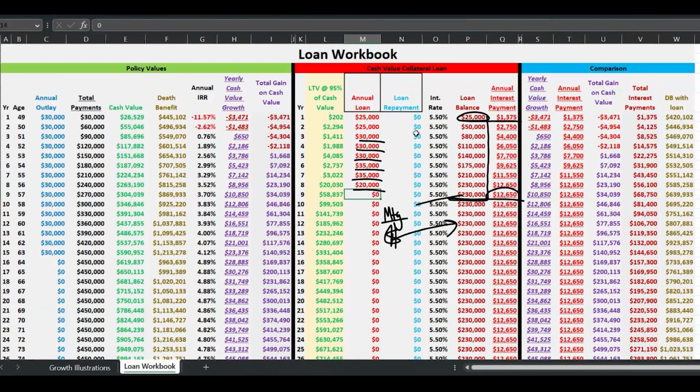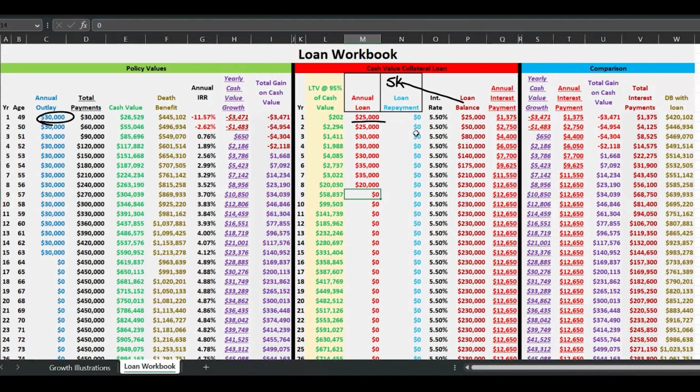Another thing to consider here is the cash flow toward the policy. Paid in 30, you loaned 25. So you're 5K in. Then you paid that loan interest of another $1,375. So technically, your net out of pocket this year is that, $63.75.